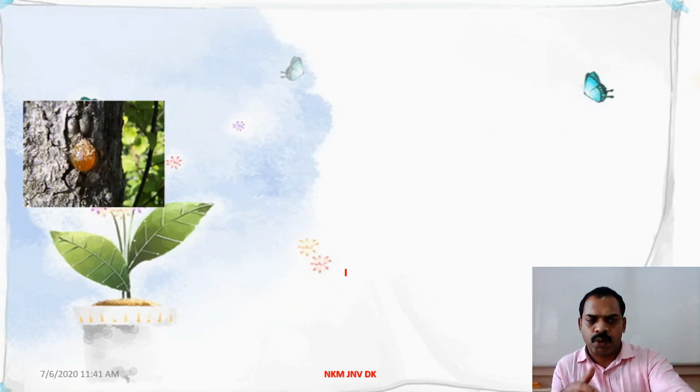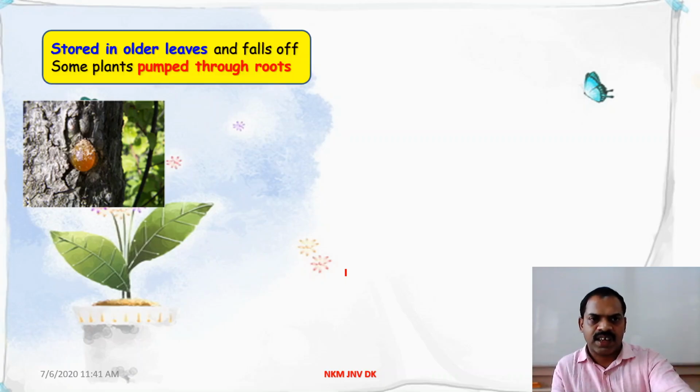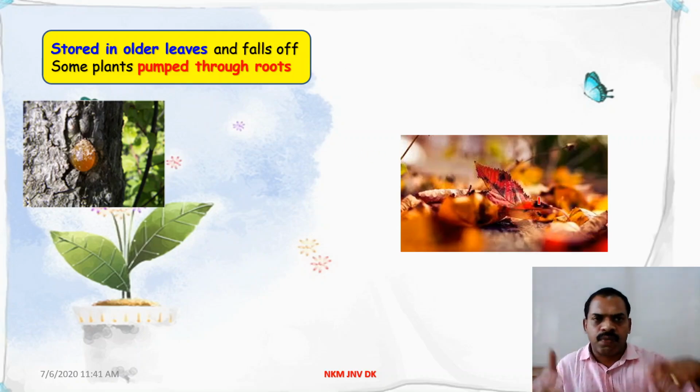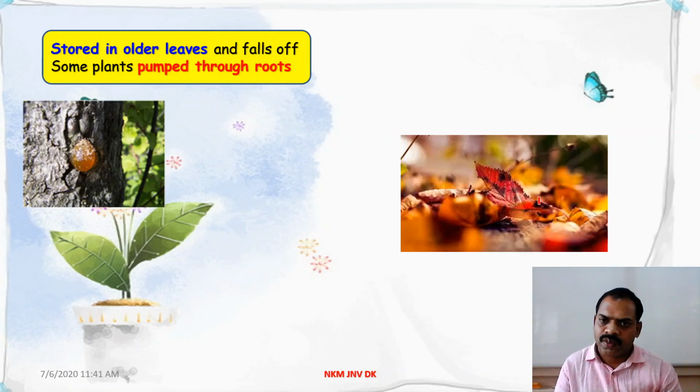Still more, I told you about resins, gums. Sometimes what they will do is store waste material in older leaves. When the leaf falls down, the waste is also removed.